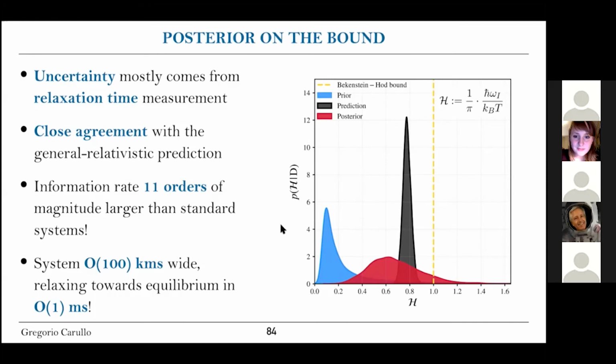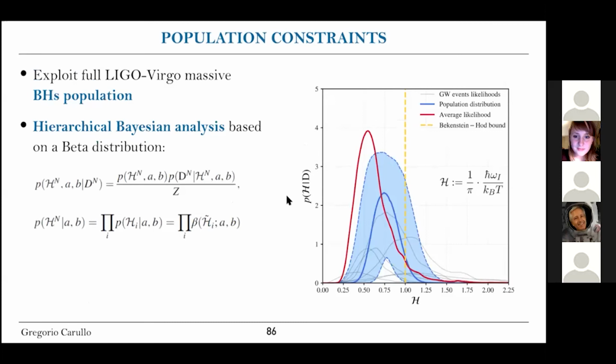But then we redid this in the hierarchical framework by reweighting with a uniform prior over H, and you still get consistent results. But yes, the prior in the first plot was determined by essentially the component mass and spin priors.